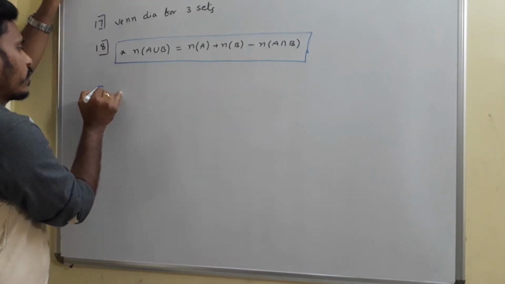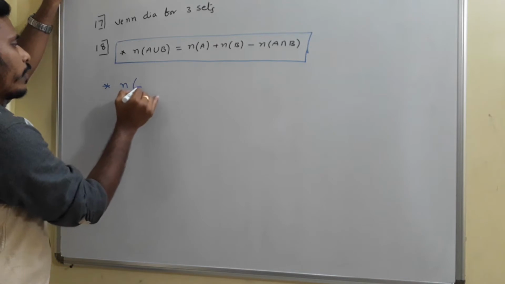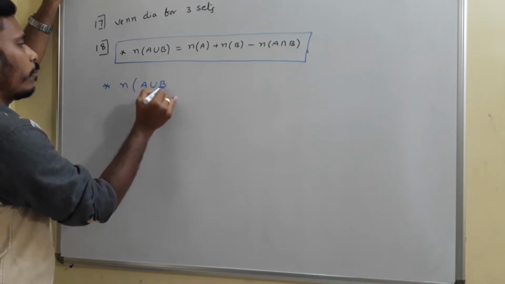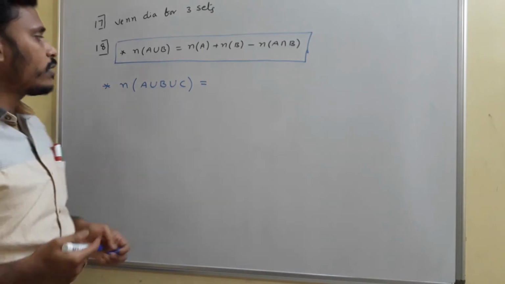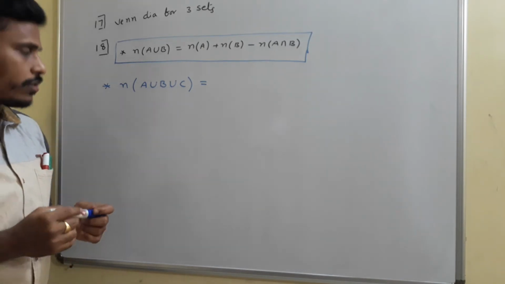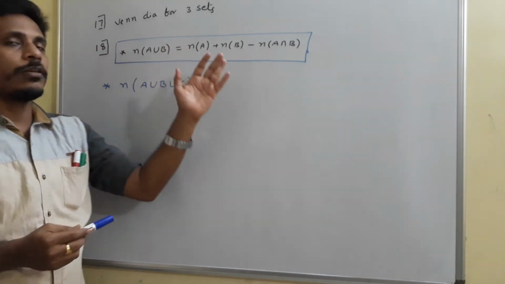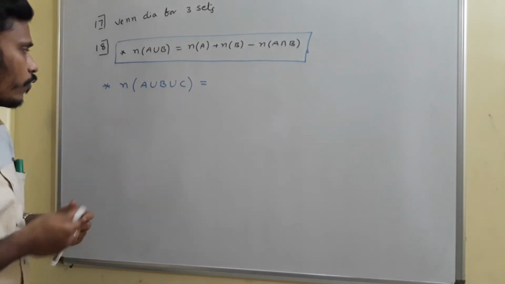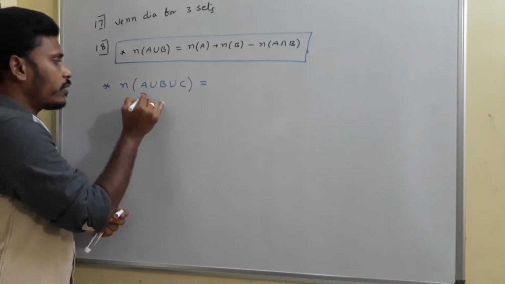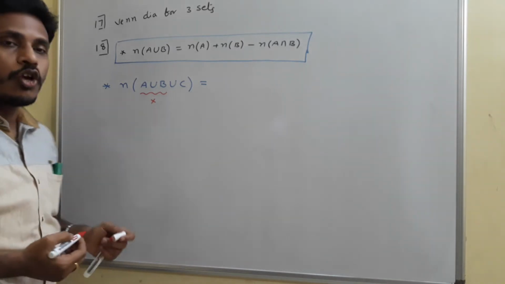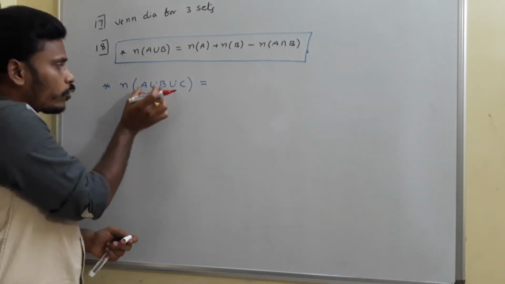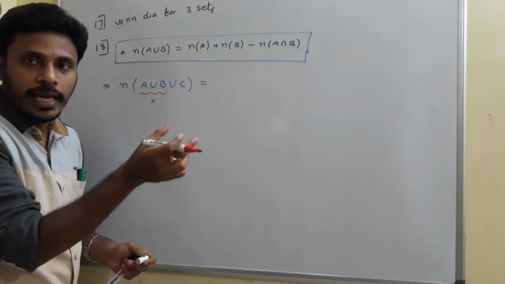The next thing is n of A union B union C. Right. So what is n of A union B union C? I have this A union B, so first of all, you just treat this A union B as some x. If you treat A union B as some x, you just replace A union B with x.